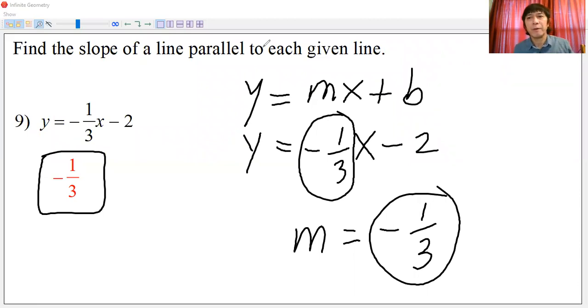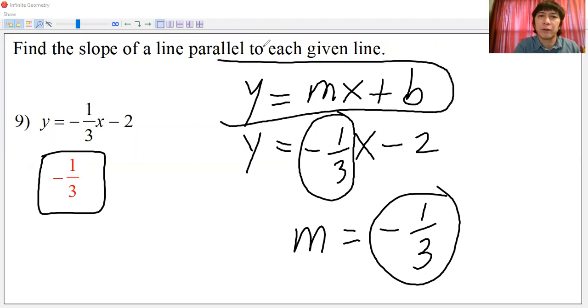So for a parallel line, when you're presented with a given equation, you just have to determine the slope from that equation, and that gives you the answer. You just have to recognize this format, and you'll be able to determine the slope of the line parallel to this line. All right, let's continue with the next number.